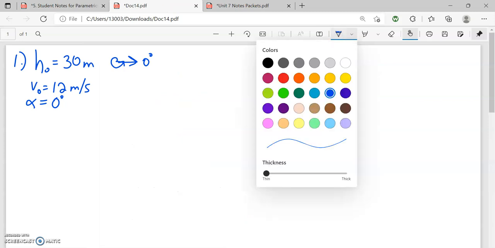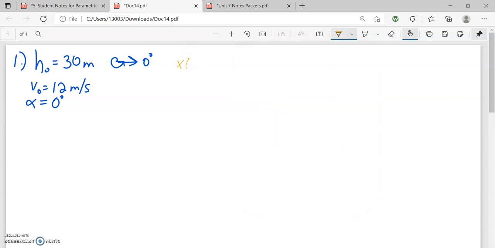Let's go to number 1, thinner, number 2, different color. X of t, that initial equation is v naught times sine alpha t.